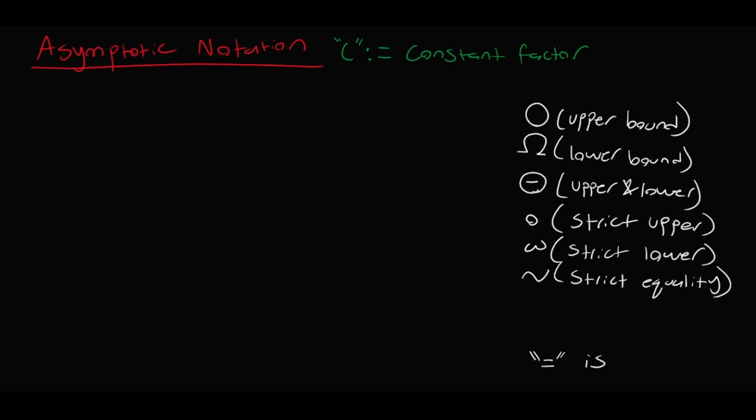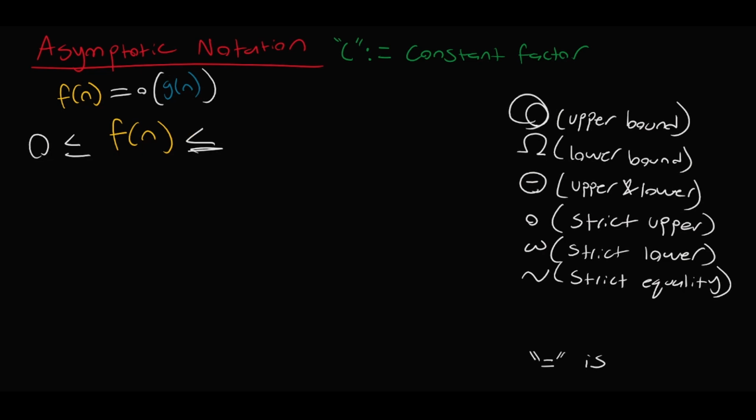To say that f of n is little o of g of n is to say that f of n is strictly less than g of n. Big O allowed the equal to, it allowed touching, but strict says no, f must be strictly lower than g of n within a constant factor.